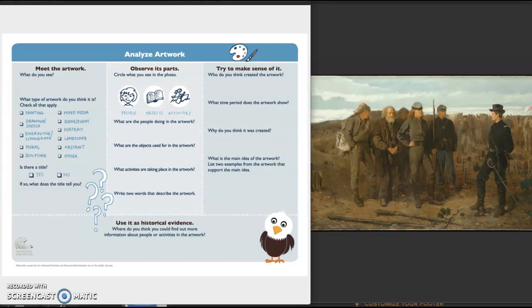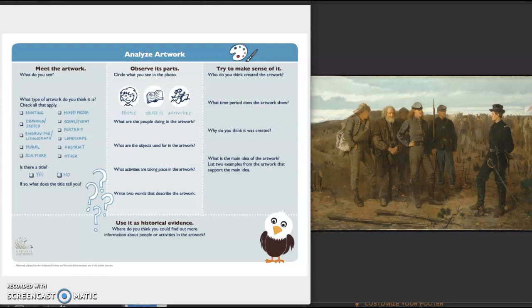Circle what you see in the photo. We can circle that we see people. Then it asks, what are the people doing in this artwork? We notice that they are standing next to each other, and the ones in gray are in a battle uniform, so it'll be the Confederacy.